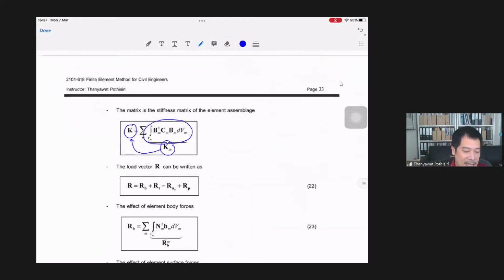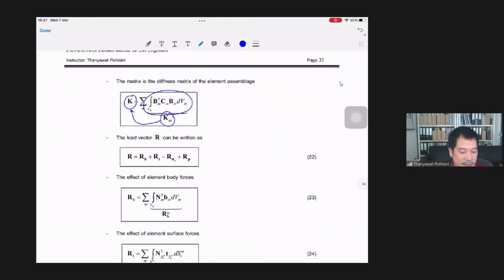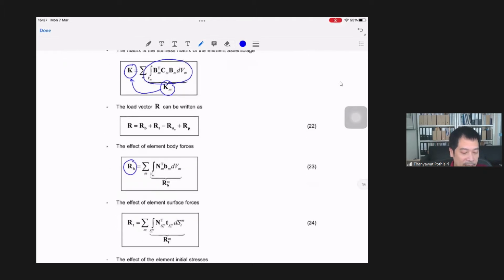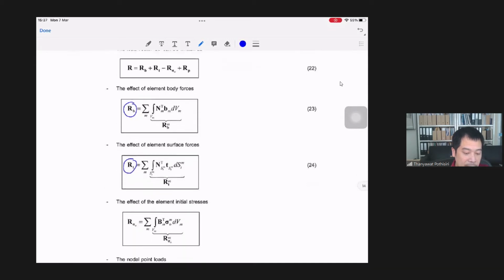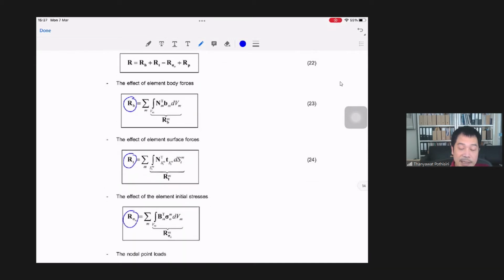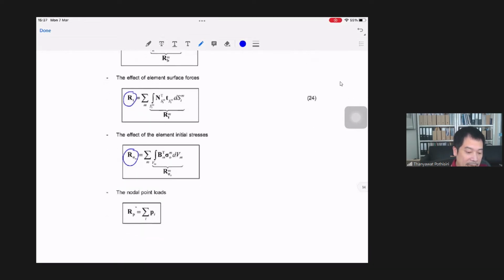For the load vector part, you can have different load components. The first one comes from the body force. The second one comes from the surface traction. The third one is the initial stress part. Also, if you have the initial strain part, you can write it as another load vector as well. And the last one is the point loads or the nodal force part.